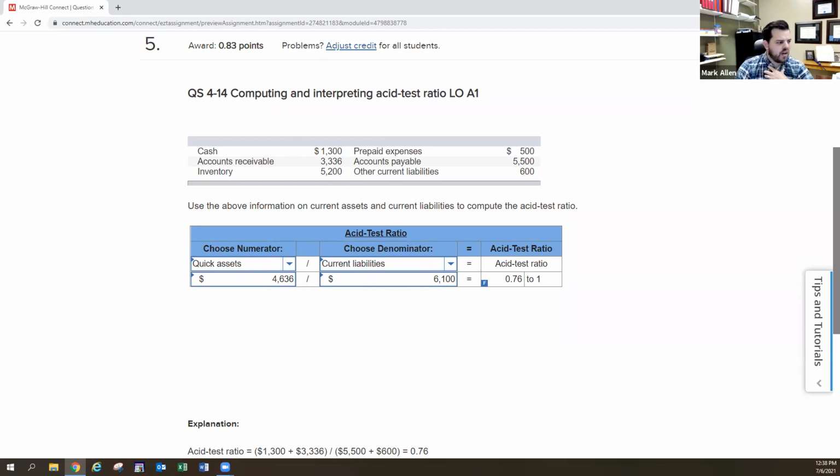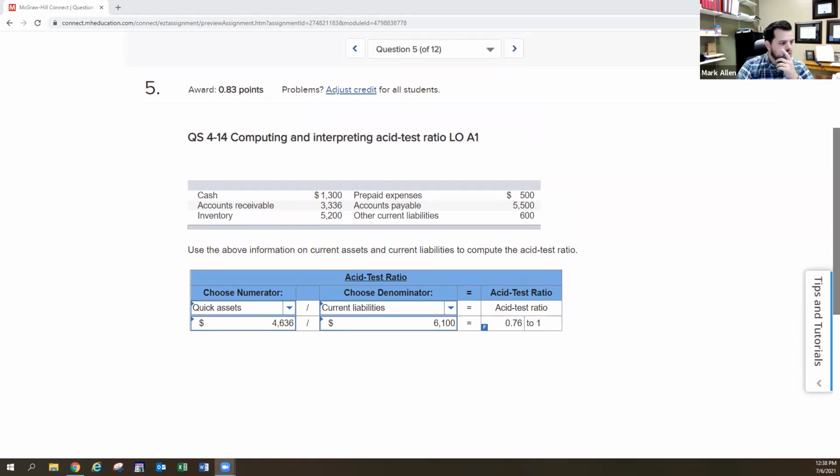Now, here in question 5, we're going to look at a ratio. It's very closely related to a ratio that we saw earlier in the course. Of course, the parallel ratio, or the very similar ratio, is what we call the current ratio. So we have our current ratio. And we said current ratio was current assets over current liabilities.